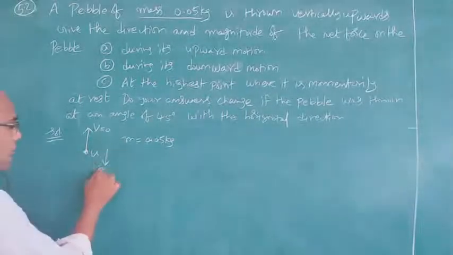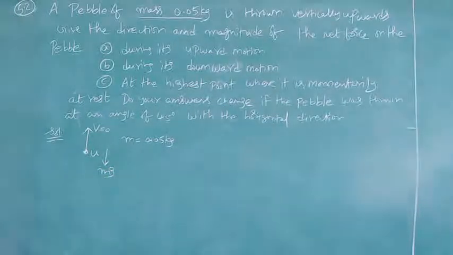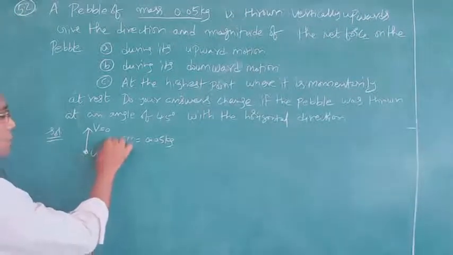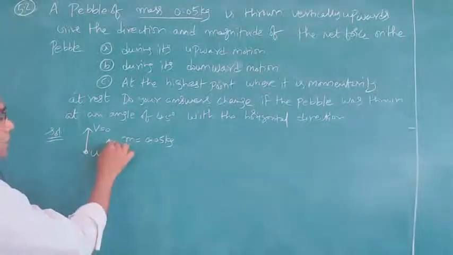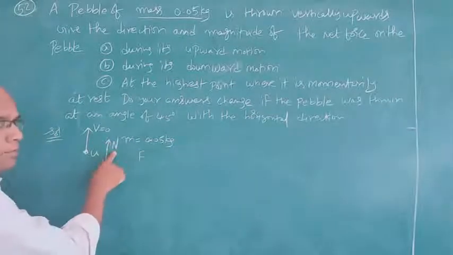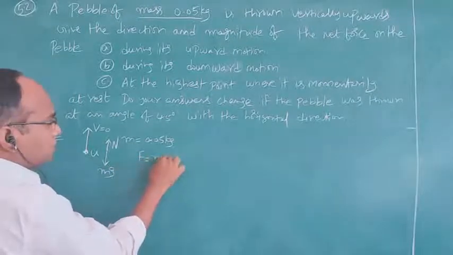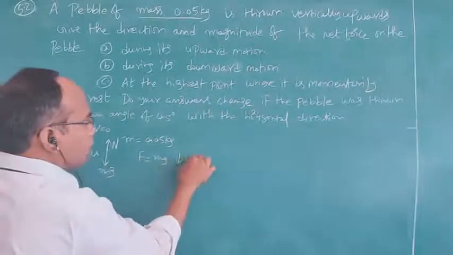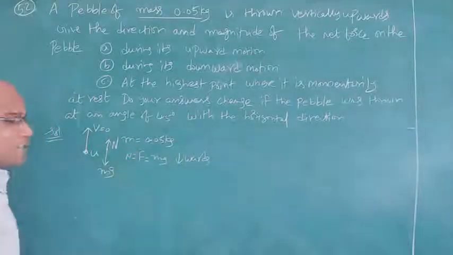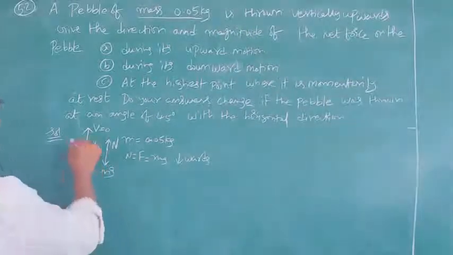So here the mass is acting under the acceleration due to gravity. So what is the meaning of this one? This is the normal reaction, nothing but what? N. So here N is nothing but the normal reaction force. That is the force, nothing but mg acting downwards. I can write normal reaction force. This is the first question.